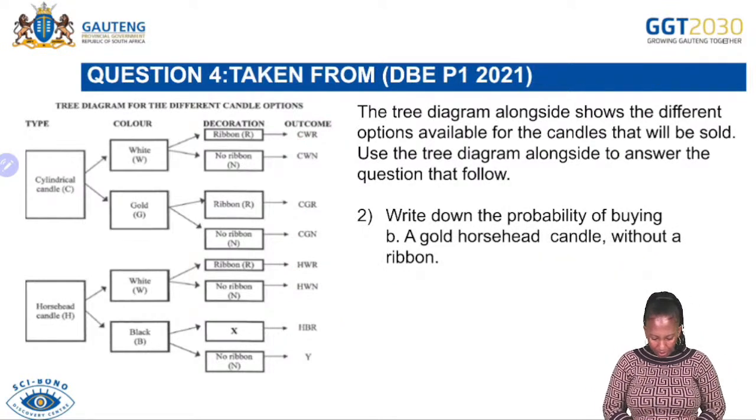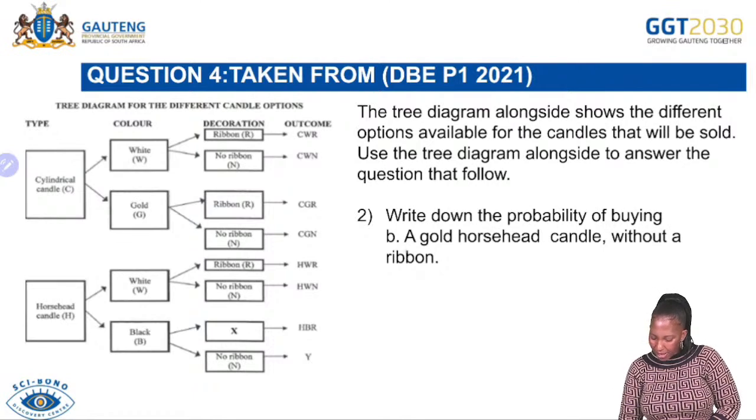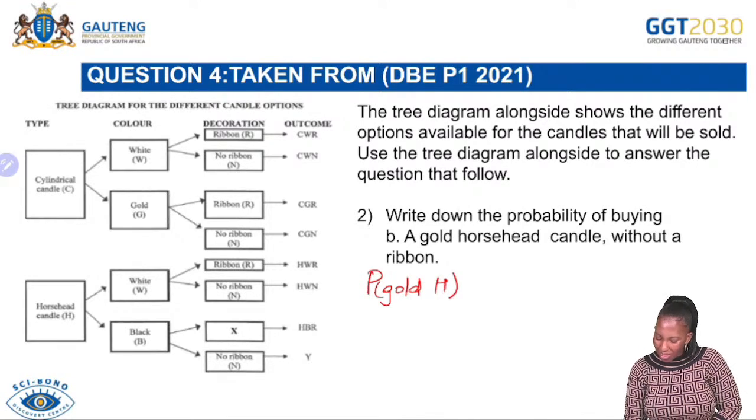Now the next one: write down the probability of buying, number B, a gold horsehead candle without a ribbon. So it will be P(gold horsehead without a ribbon).